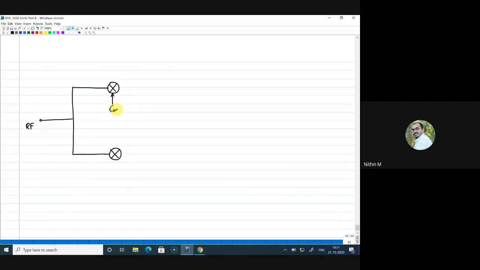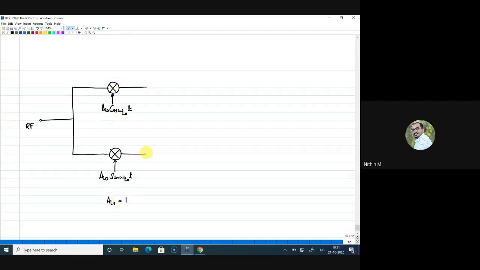So this is cos omega LO t and this is sin omega LO t. You can consider this in the form A LO cos omega LO t, and we take A LO, the amplitude, as 1.